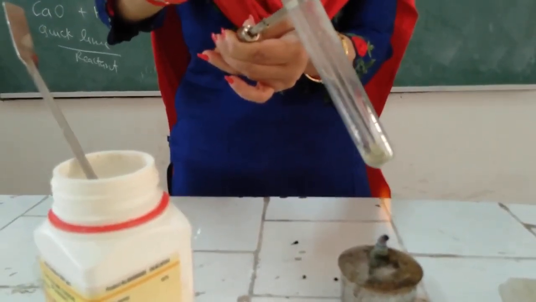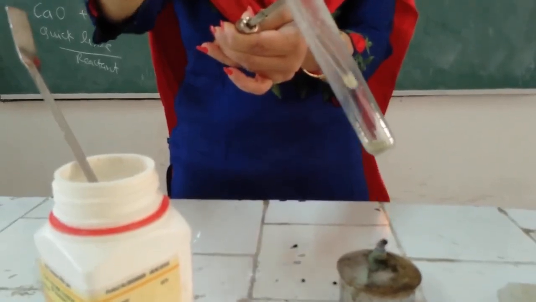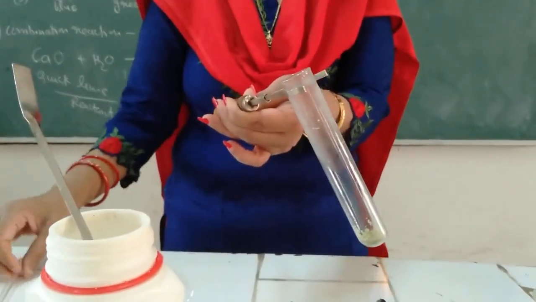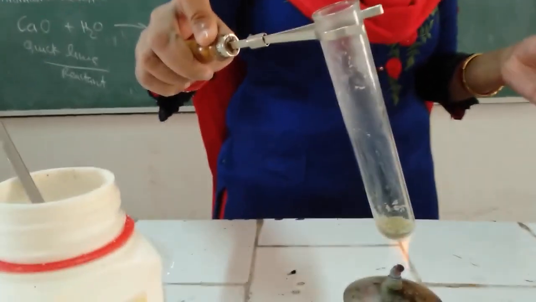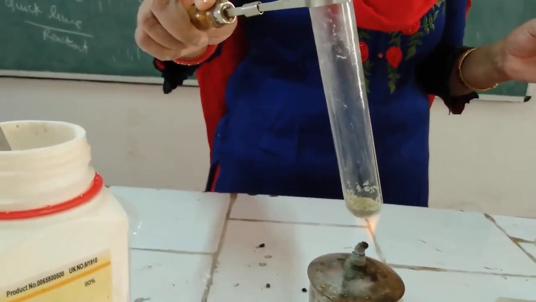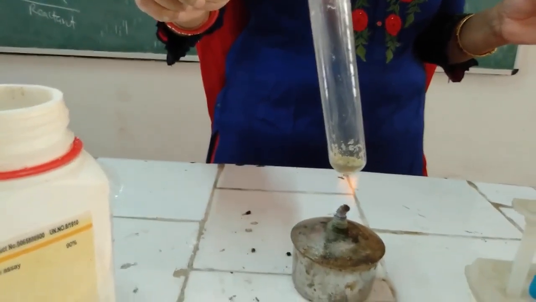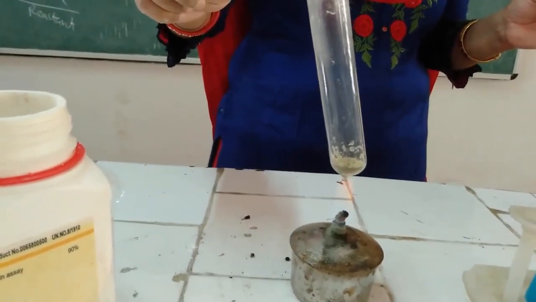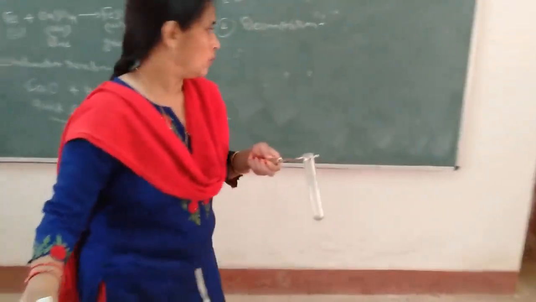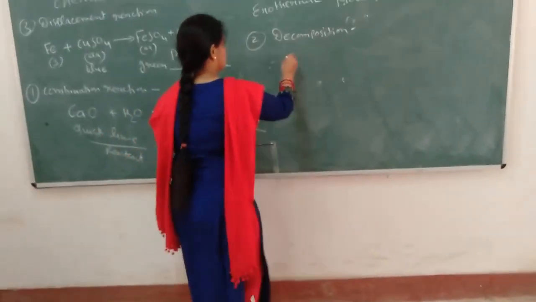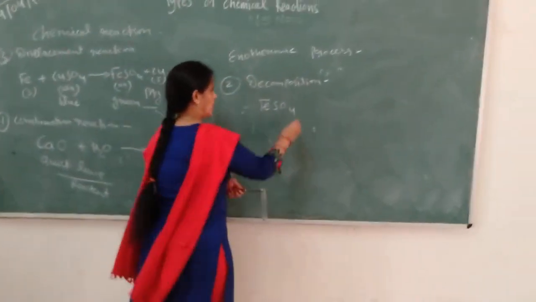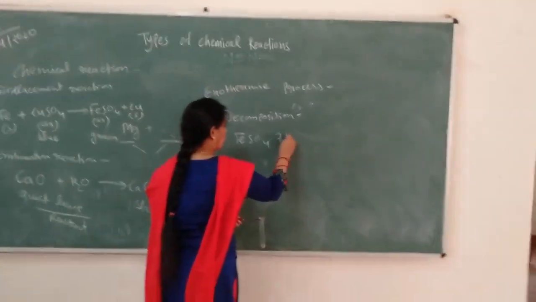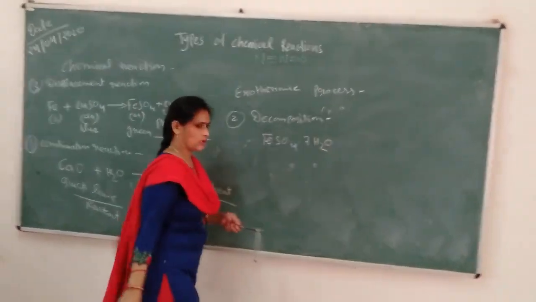In this reaction, firstly, this ferrous sulfate FeSO4 has 7 water molecules of crystallization.